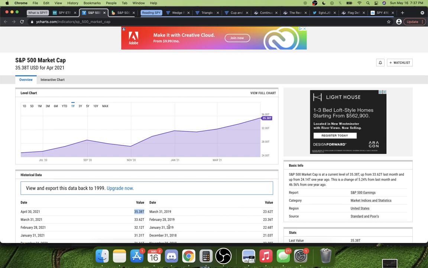So that's huge, and it gives you a really good idea of where the market's tracking overall. SPY, Dow, NASDAQ, they all move similarly and kind of track together.